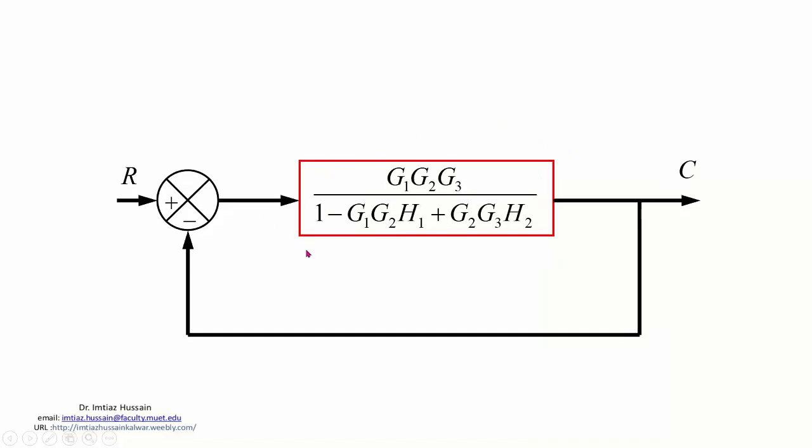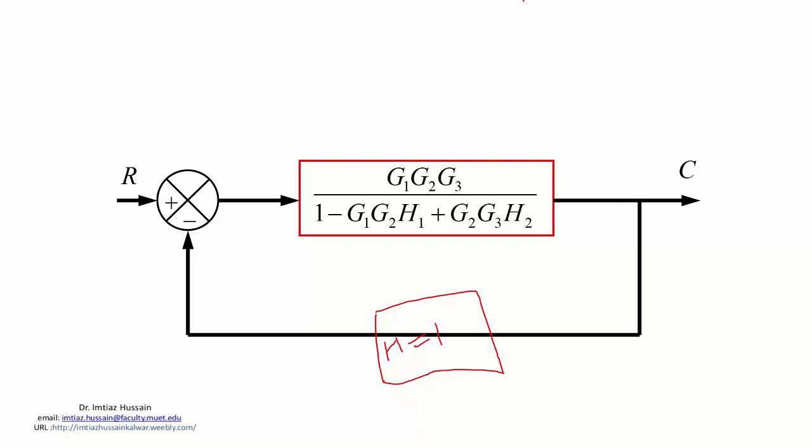Now again you have G as this term, and here H is 1. Since you have no block connected here, in such cases you assume a block having value 1. H is equal to 1.